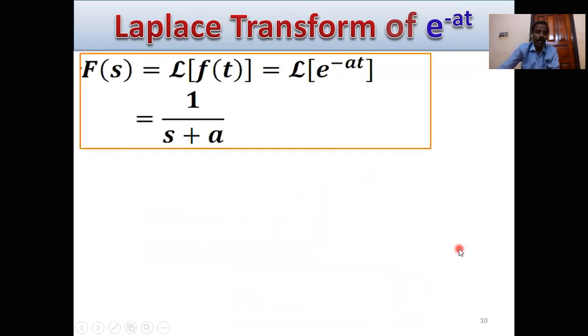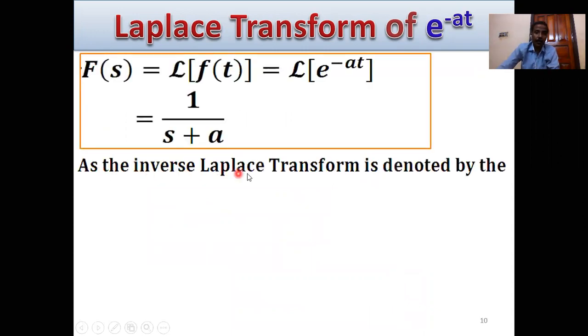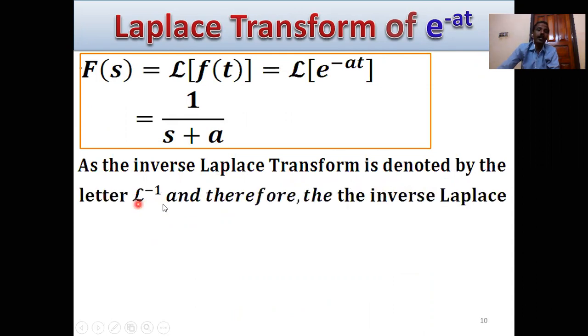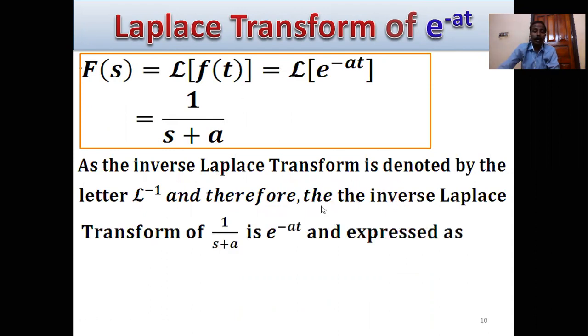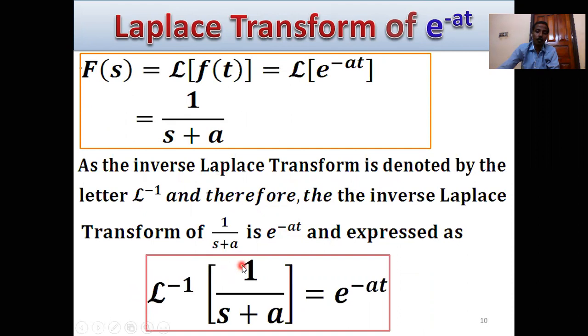The inverse Laplace transform is denoted by the letter L inverse, and therefore the inverse Laplace transform of 1 by s plus a is e to the power minus at, expressed as L inverse of 1 by s plus a equals e to the power minus at.